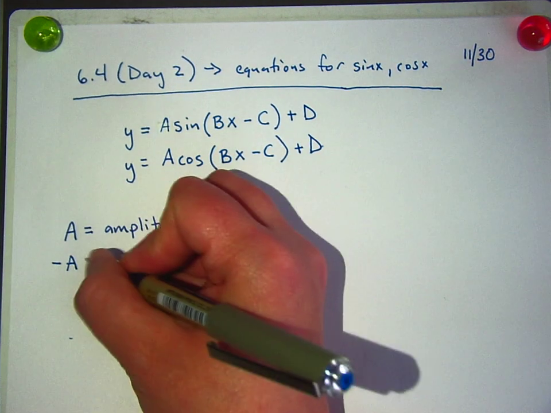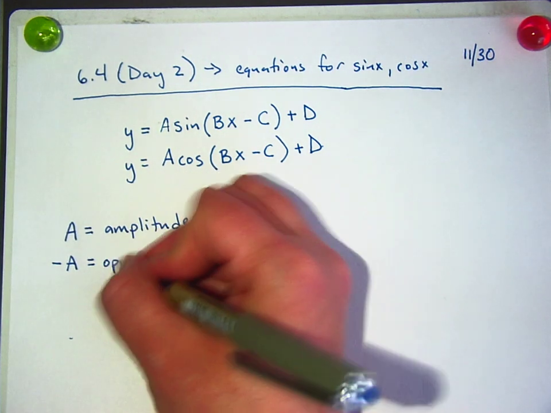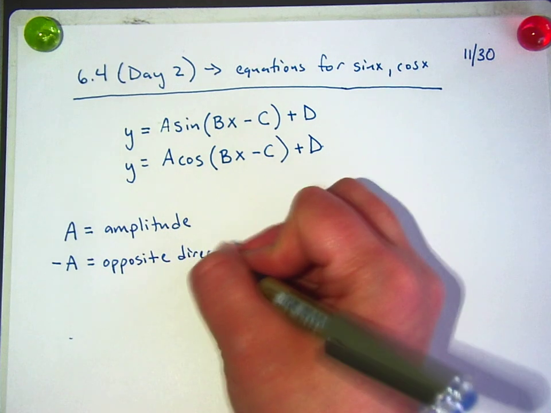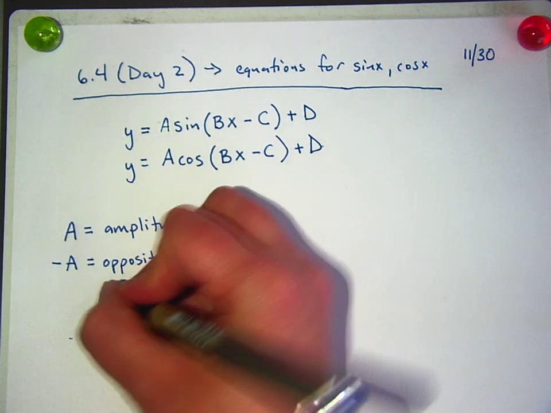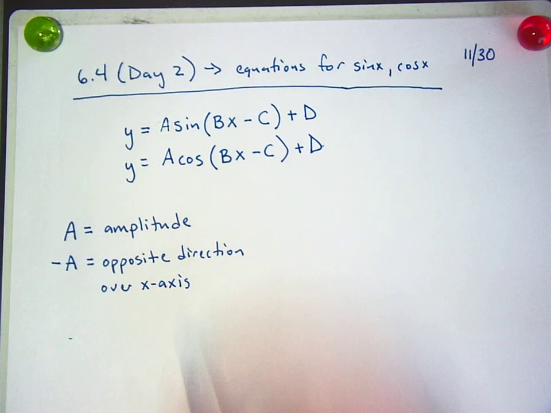It goes the opposite direction, whatever that is. Opposite direction over what? The x-axis. So if the graph would normally go up, like this, watch my hand, then it would go down first instead.